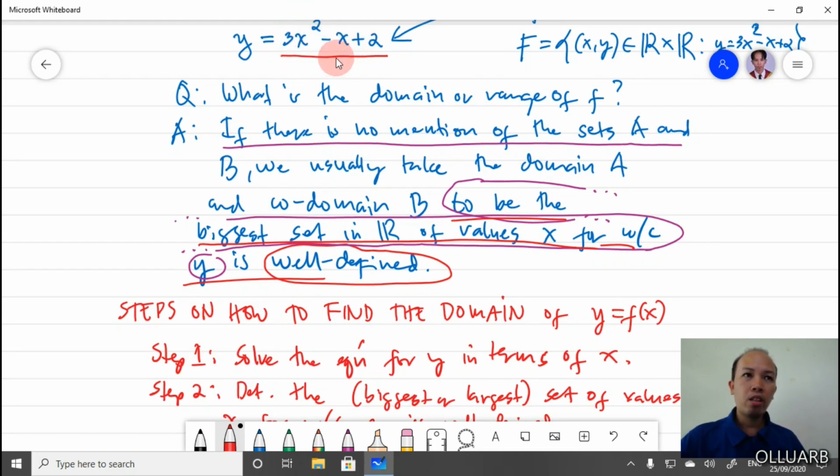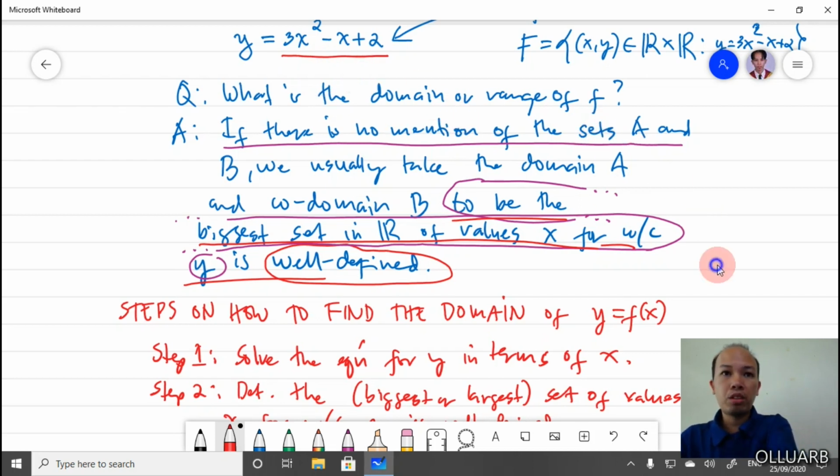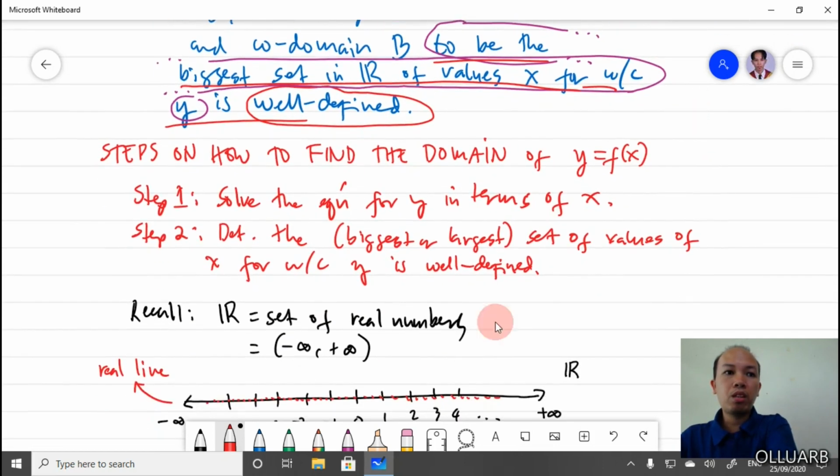Can you find a real number x for which the right hand side is not well defined? Of course you cannot. When you substitute all those real numbers from negative infinity up to positive infinity, you can always find y.